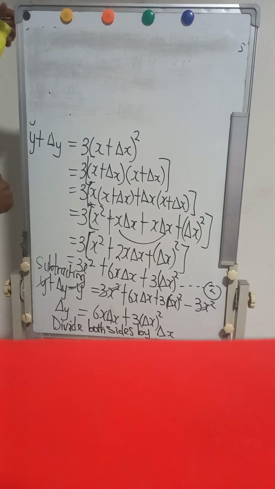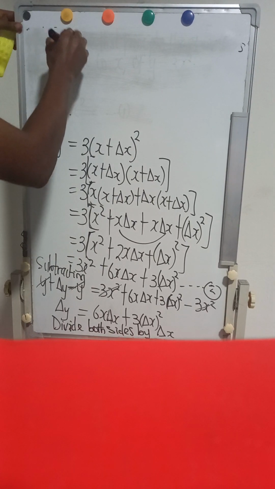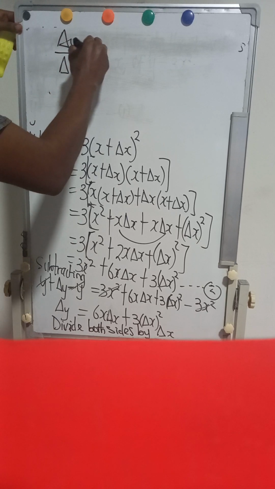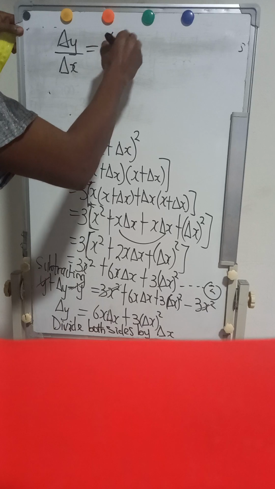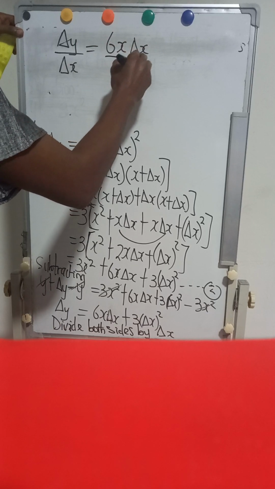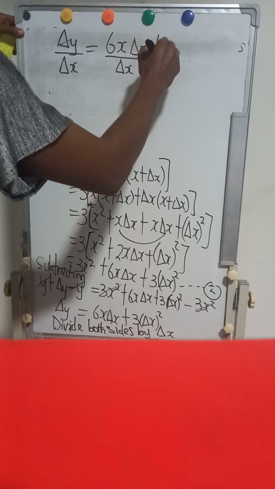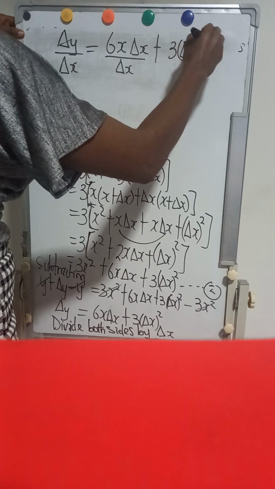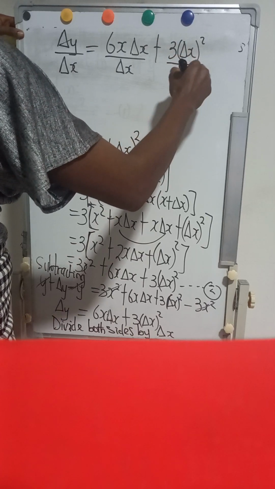you're going to have delta y all over delta x equals 6x delta x all over delta x plus 3 delta x squared all over delta x.